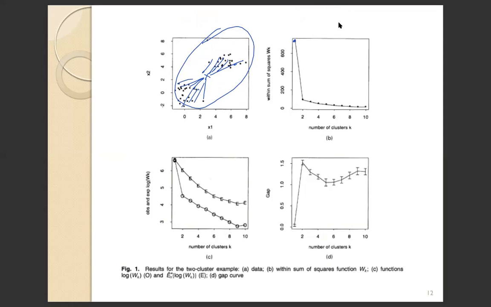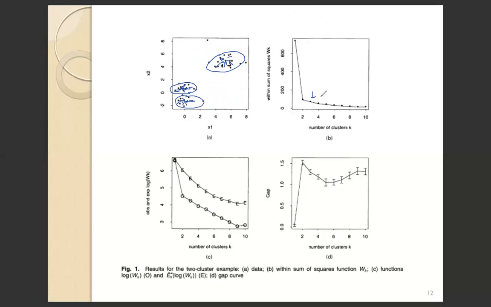But the moment you have two clusters, it will converge to here and here maybe. So your sum of squares will start to drop compared to the previous one. If you do three clusters, maybe there will be one here and one here, so then it will drop further, because the sum of squares to the centroid in each cluster will be smaller.